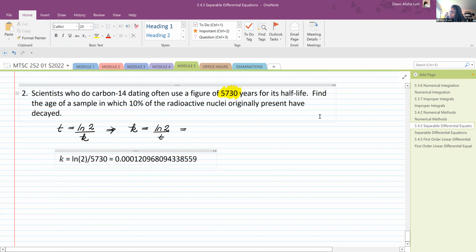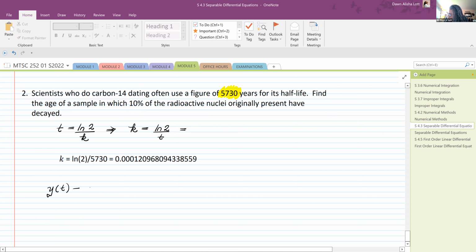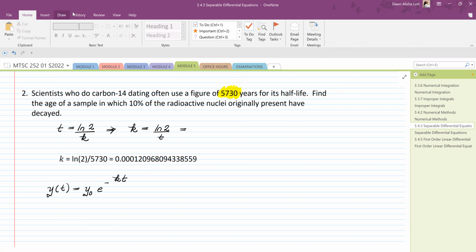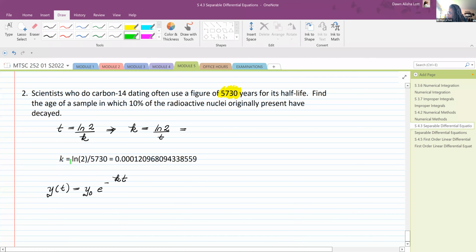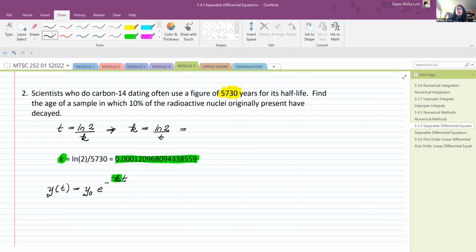Now for any general problem, we know y of t is equal to whatever the amount present was at the beginning times e to the minus kt, and this nice long number is what goes in for k. Now they tell us that 10% has already decayed.